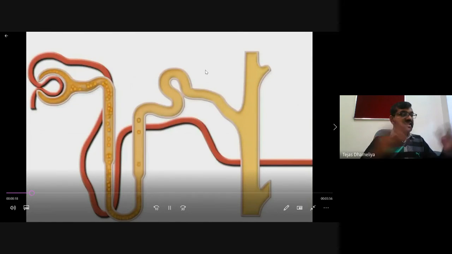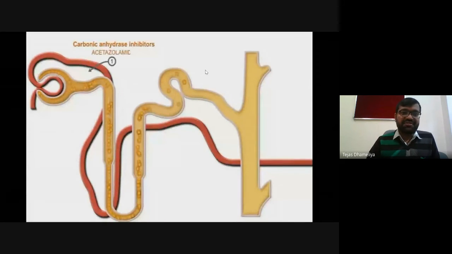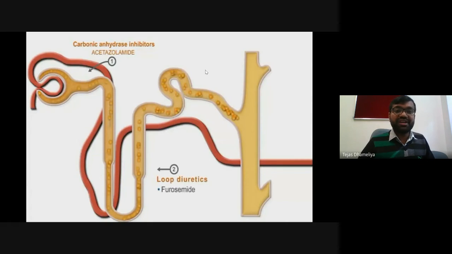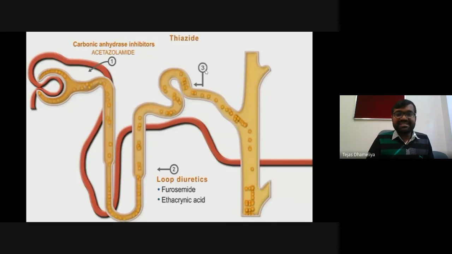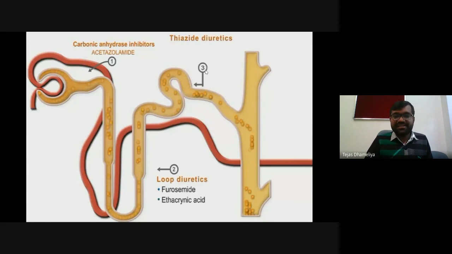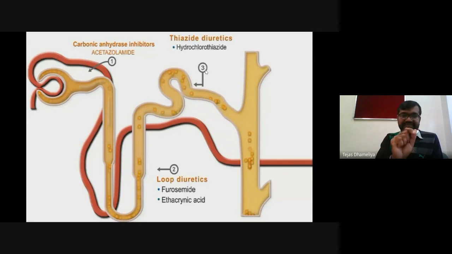So there are so many classes of diuretics depending upon their mode of action. Carbonic anhydrase inhibitors, acetazolamide, inhibit this important enzyme in the proximal convoluted tubule. Second class of drug is loop diuretics, furosemide, which act on loop of Henle.